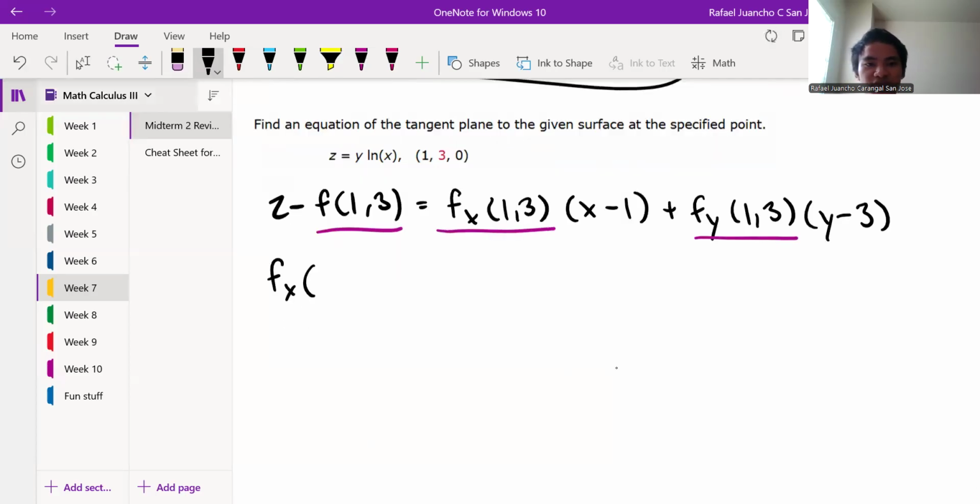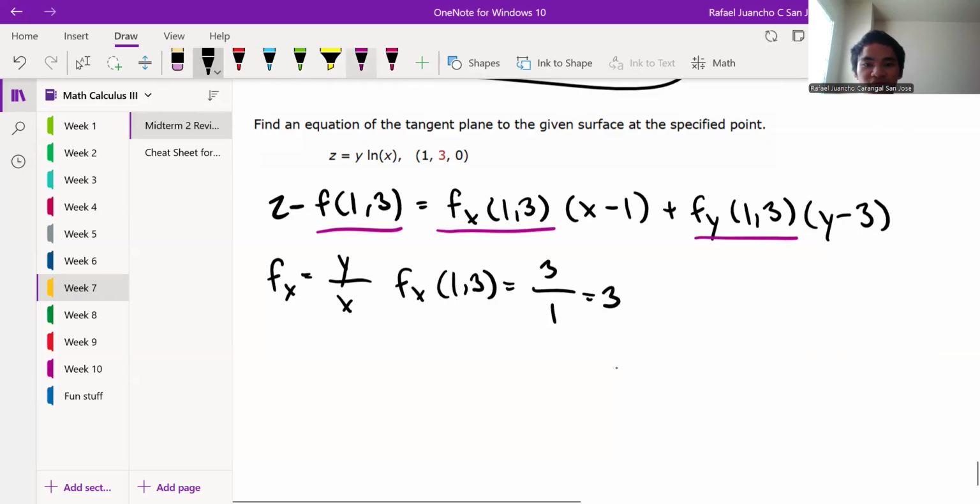I treat ln x as a number and y as the variable, so y is just there, and the derivative of ln x is 1 over x. So I have y over x, and f sub x at (1, 3) is 3 over 1, which is 3.